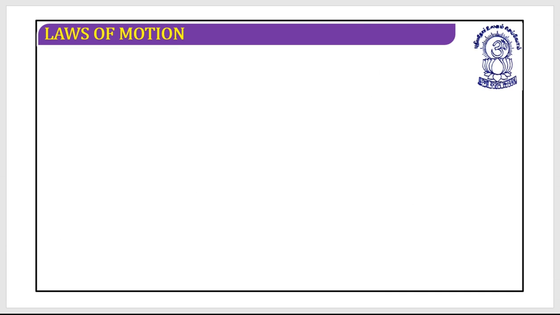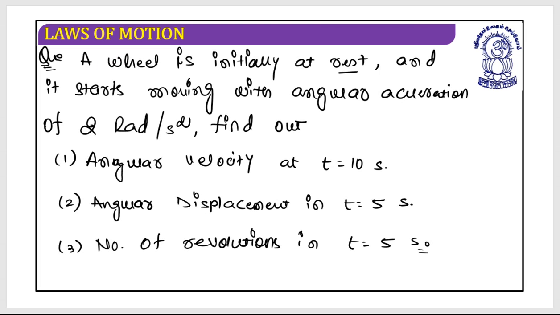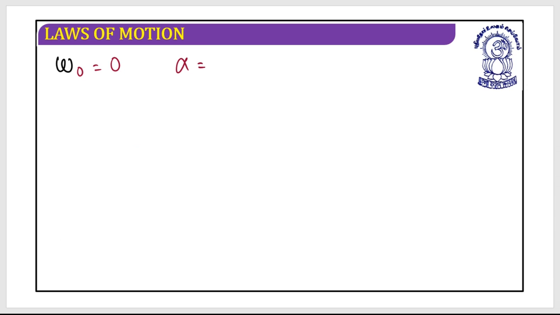It says a wheel is initially at rest. That means the initial angular velocity omega naught is equals to 0 is given. Then it starts moving with an angular acceleration of 2 radian per second square. It's alpha which is given. What I want is the angular velocity at t equals to 10 seconds.